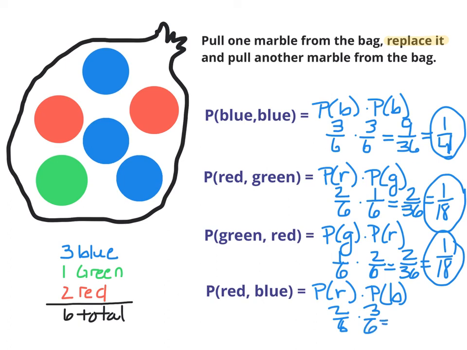I multiply my numerators, 2 times 3 is 6, and my denominators, 6 times 6 is 36. And yes, again, you can simplify ahead of time. If not, simplify at the end. Divide top and bottom by 6, and I would reduce this to 1 out of 6. So there's a 1/6 probability of first pulling a red, replacing it, and then pulling a blue.